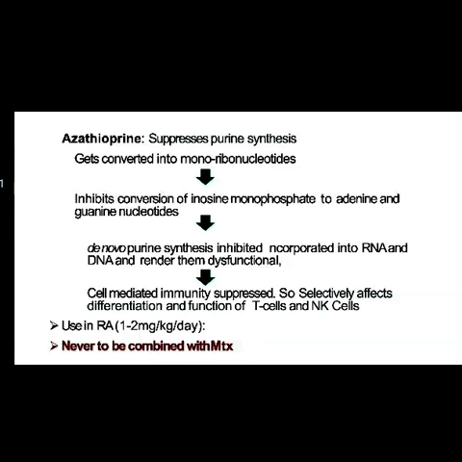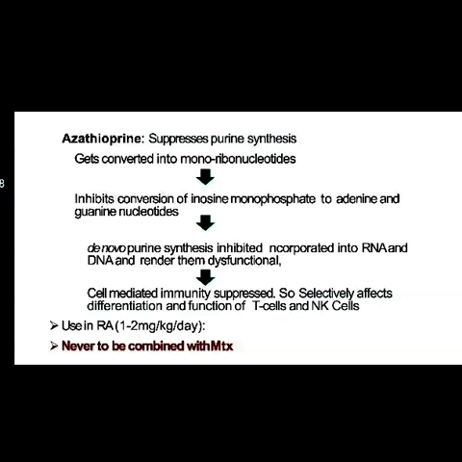The second drug in the same synthetic disease-modifying anti-rheumatoid drugs is azathioprine. It suppresses purine synthesis. It gets converted into monoribonucleotides, and these monoribonucleotides further inhibit the conversion of inosine monophosphate to bases like adenine and guanine.